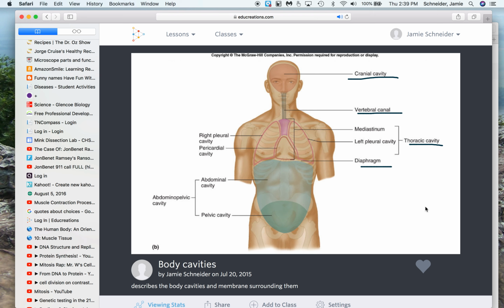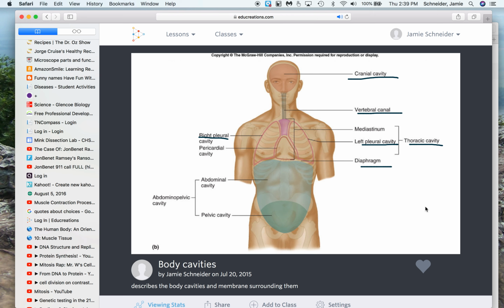Right here, you have the left pleural cavity. It surrounds one organ, the lung. Over on this side is the right pleural cavity. It surrounds one organ, the right lung. So these pleural cavities encompass the lungs.